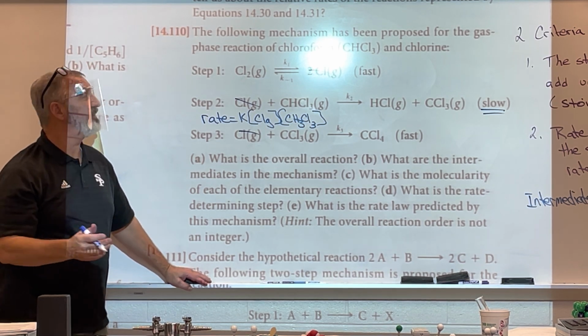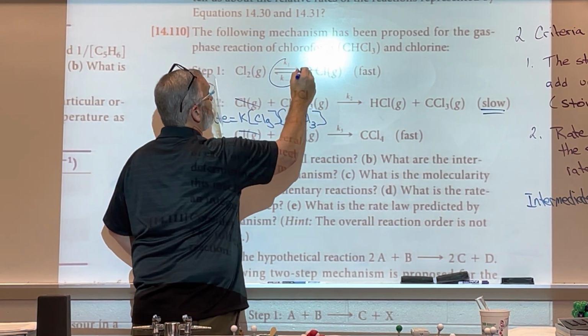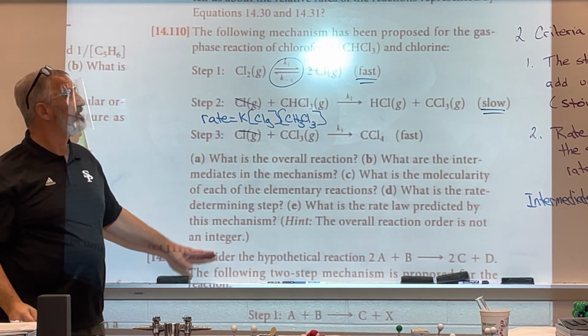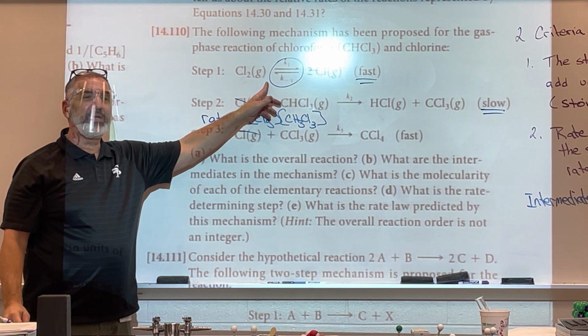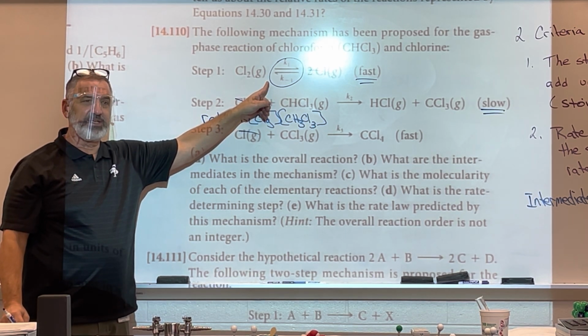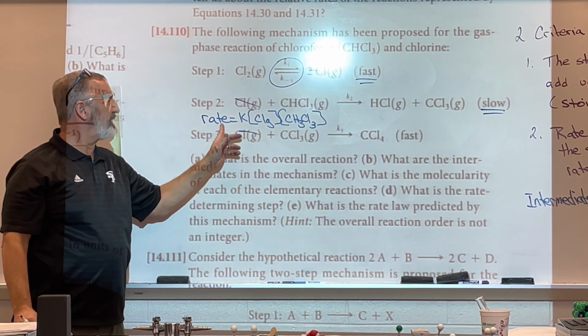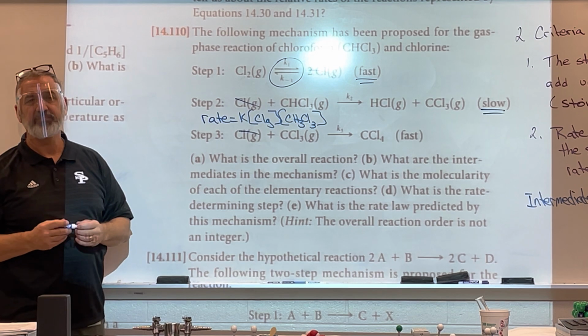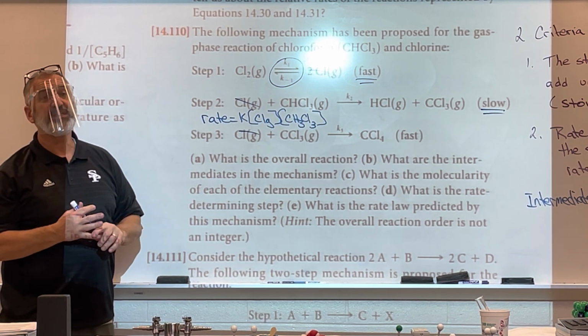So tomorrow, notice we have an equilibrium here, a fast equilibrium. Tomorrow we have to go over a proof where we do a substitution in here. What is the definition of equilibrium? What's equal?